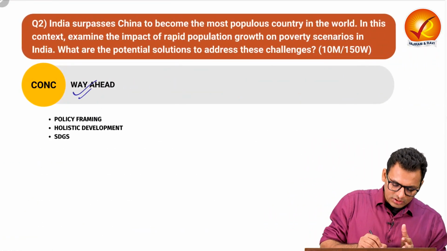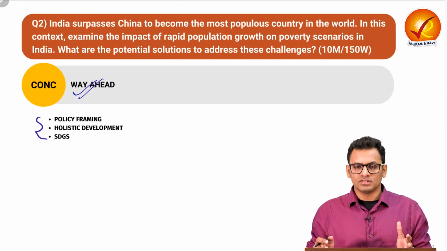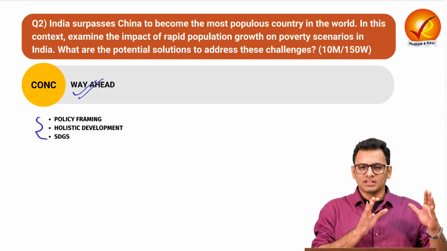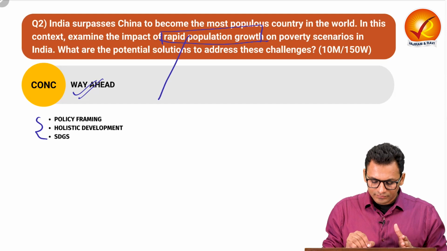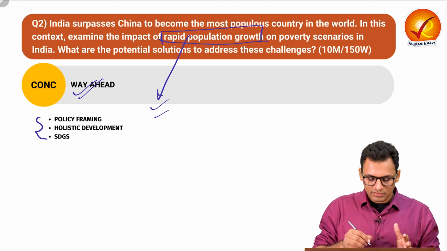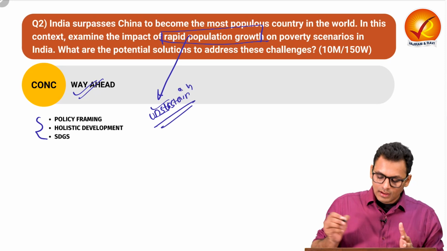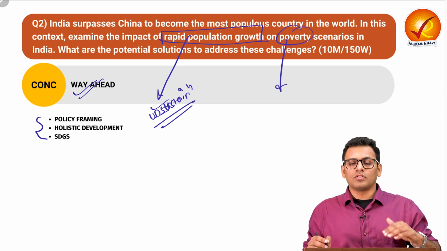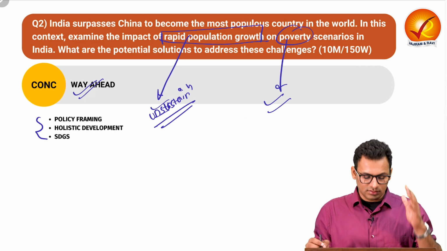In the conclusion, you can talk about the way ahead, as in policy framing must ensure a balance of family planning, making sure that rapid population growth is not unsustainable in nature, as well as ensuring that the poverty scenario is not augmenting, where we are talking about ensuring certain social protection.